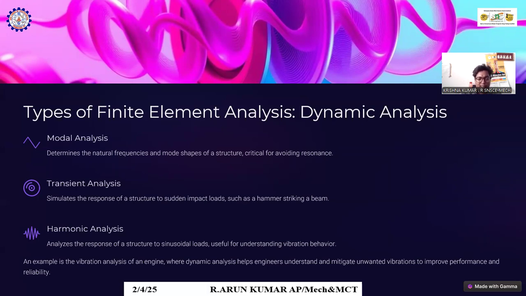Harmonic analysis gives the response of the structure to sinusoidal loads, useful for understanding vibration behavior. An example is vibration analysis of an engine, where dynamic analysis helps engineers understand and mitigate unwanted vibration to improve performance and reliability.